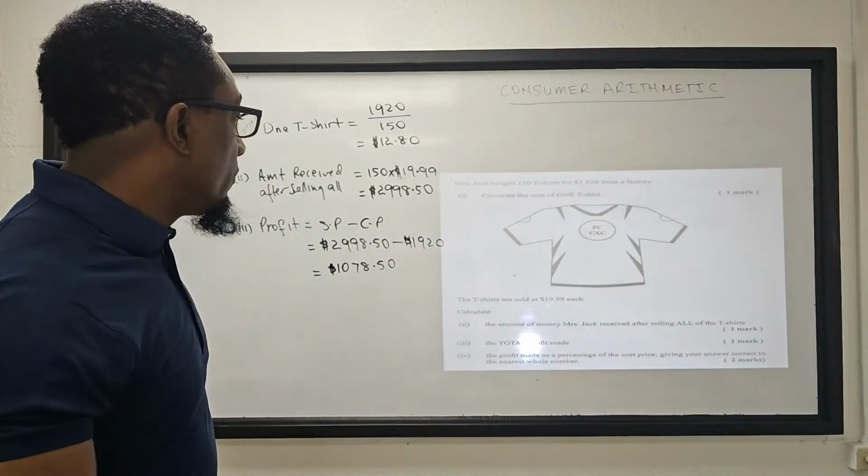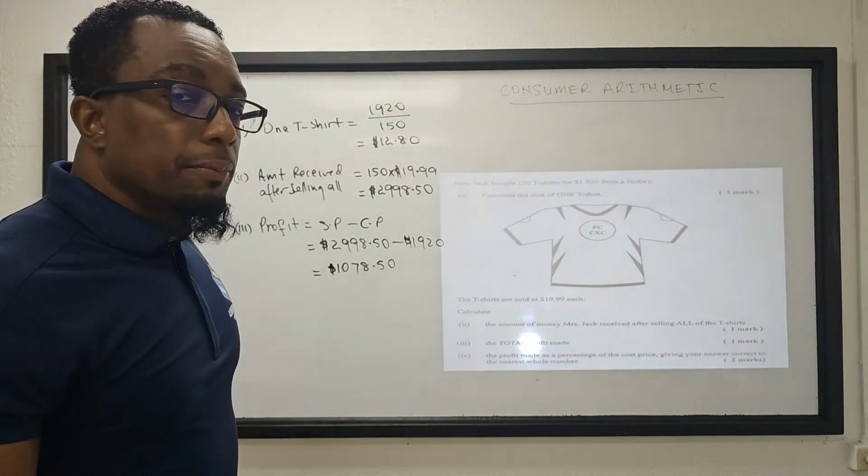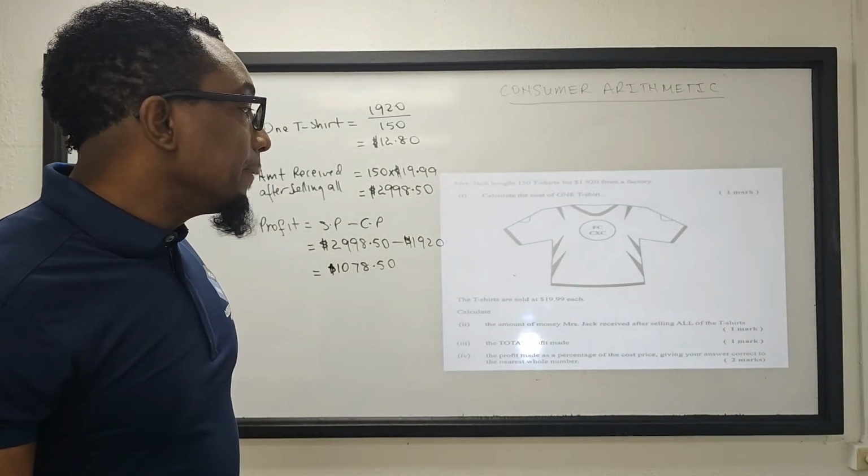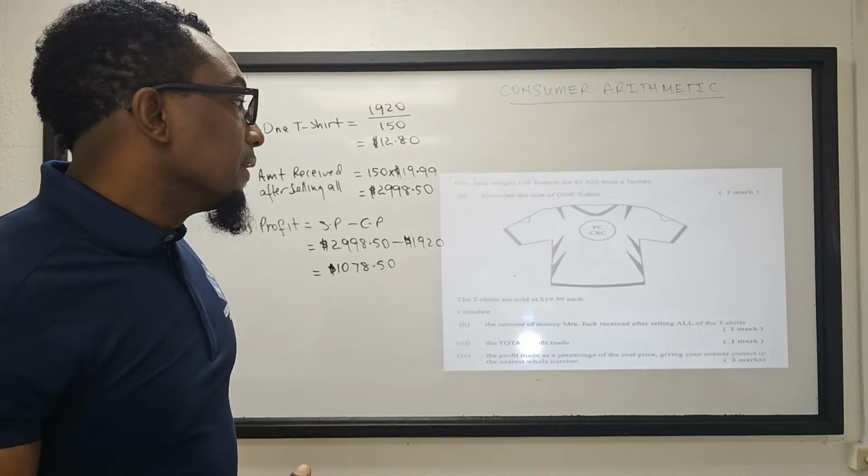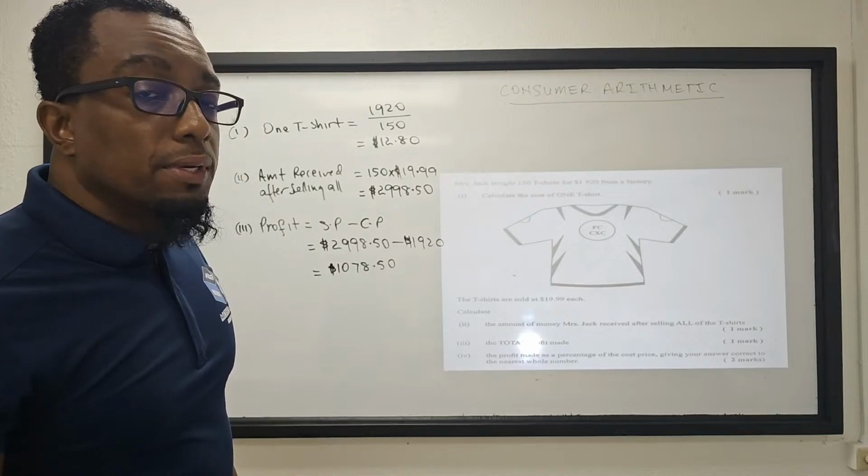Now part 4, they want us to determine the profit made as a percentage of the cost price, giving your answer correct to the nearest whole number.